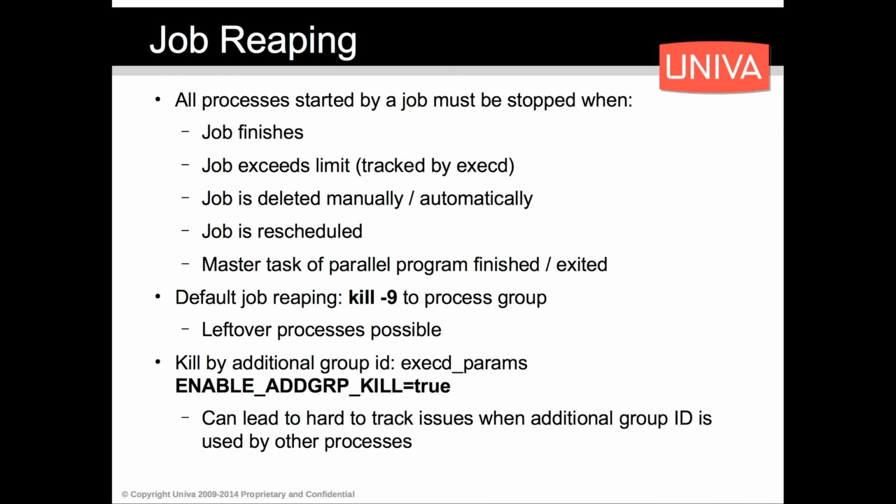This way, it is guaranteed that Grid Engine finds all processes which are part of a job. But at the same time, it can lead to hard to track issues. For example, when you have applications which are also using additional group IDs and you don't know about that, applications could attach different additional group IDs which can overlap with the Grid Engine additional group IDs to other processes.